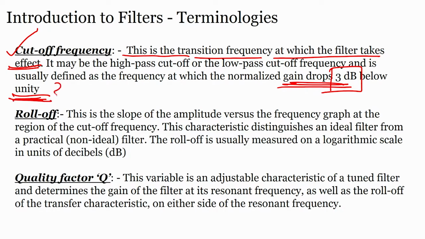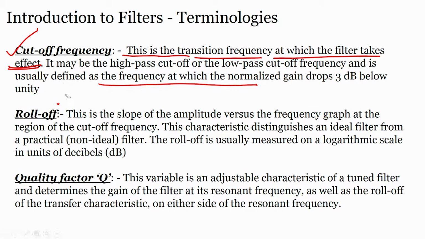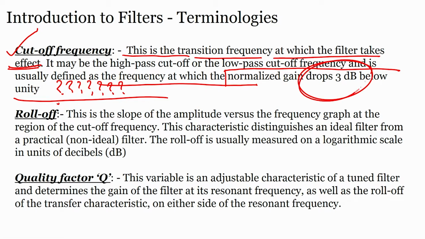Why? Why is it said that it is defined as the frequency at which the normalized gain drops to 3 dB below unity? Why 3 dB and not 8 dB, 10 dB, 15 dB?